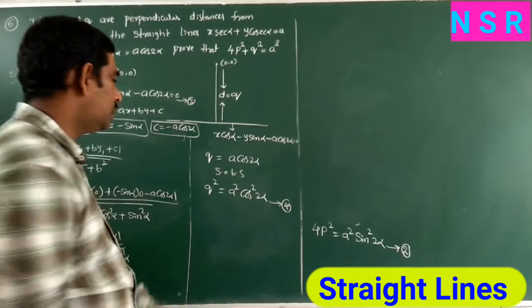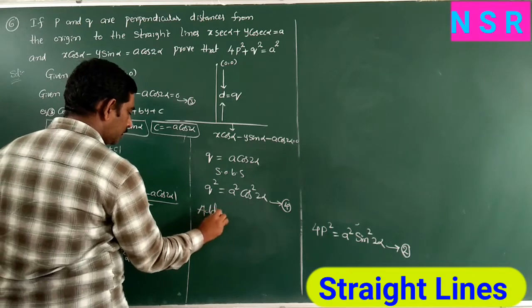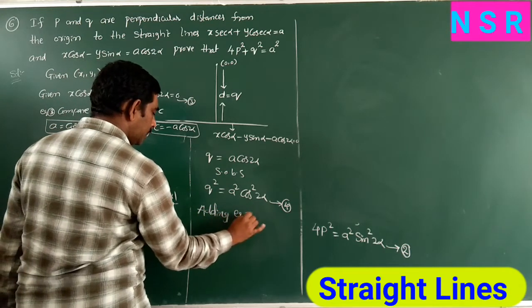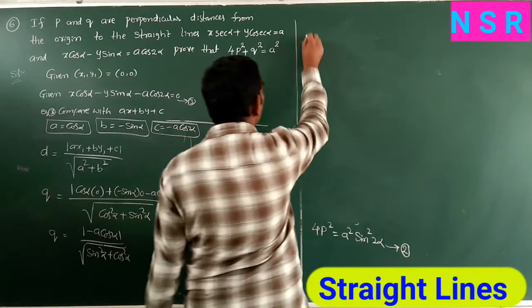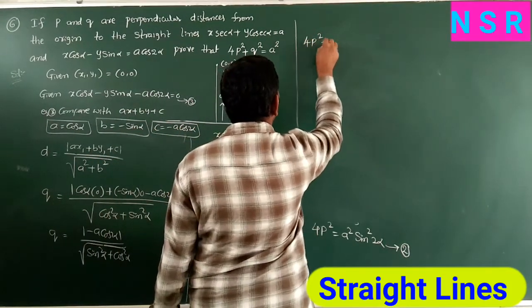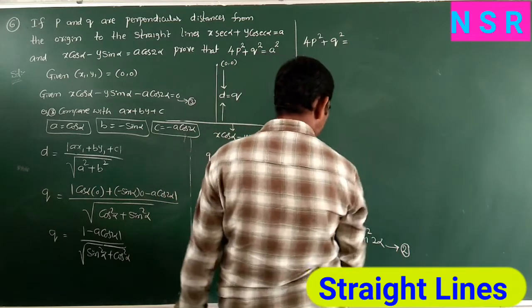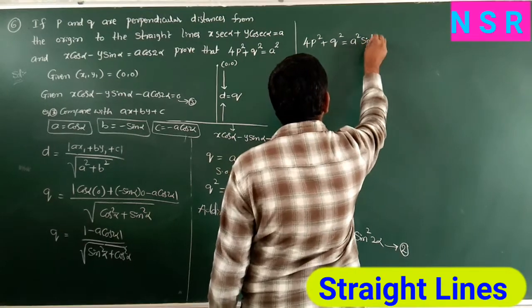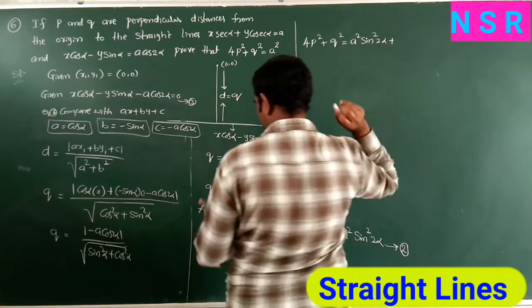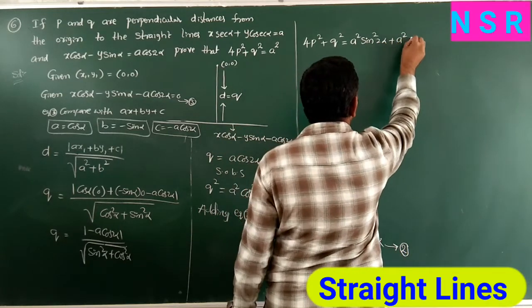So what is equation 2? 4p square, and 4 is q square. So 4p square value is a square sin square 2 alpha, and here q square value is a square cos square 2 alpha.